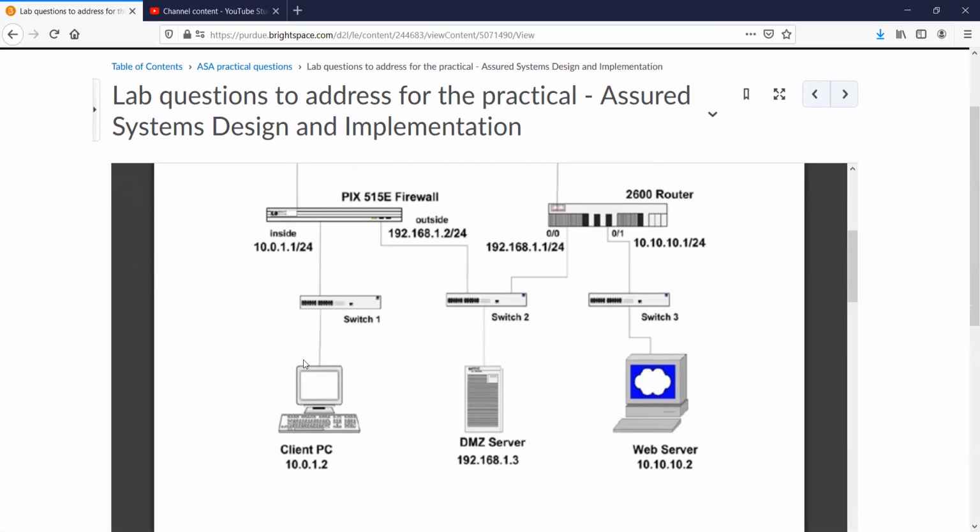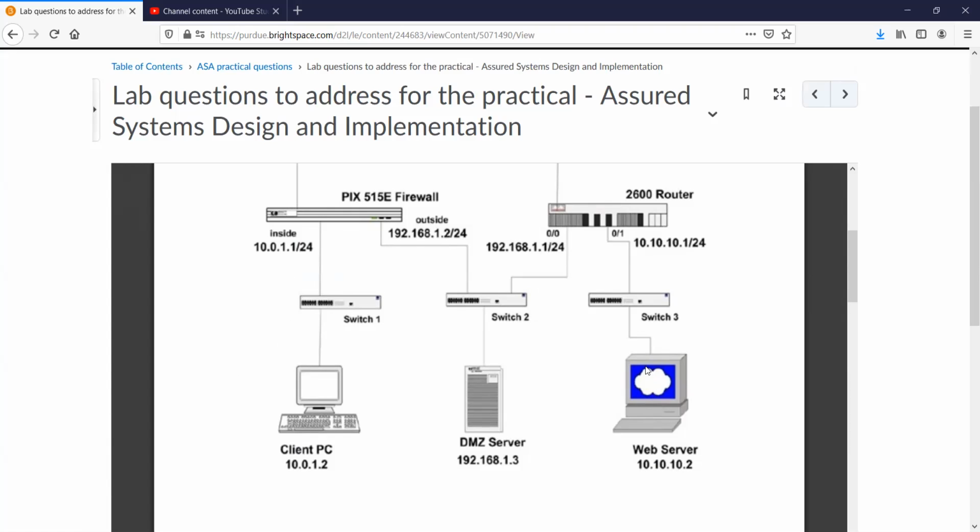I'm not so much looking for you guys to segment the network as much as it is about the different services. So here you can connect whatever devices you have. This represents the internal network. This would be a firewall with VPN services. This switch 2 is kind of a physical separate subnet. If you look, there's a 10.0.1 and then there's a 192.168.1 subnet, and then there's this one, the 10.10.10 subnet, which represents the internet.